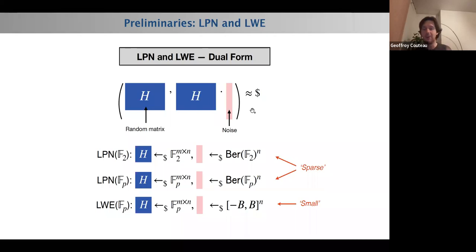And actually, this is really for the sake of being abstract, because in the case of LWE, generally this will be an information theoretically secure result by the leftover hash lemma. But for LPN, this will be an assumption which is equivalent to LPN.